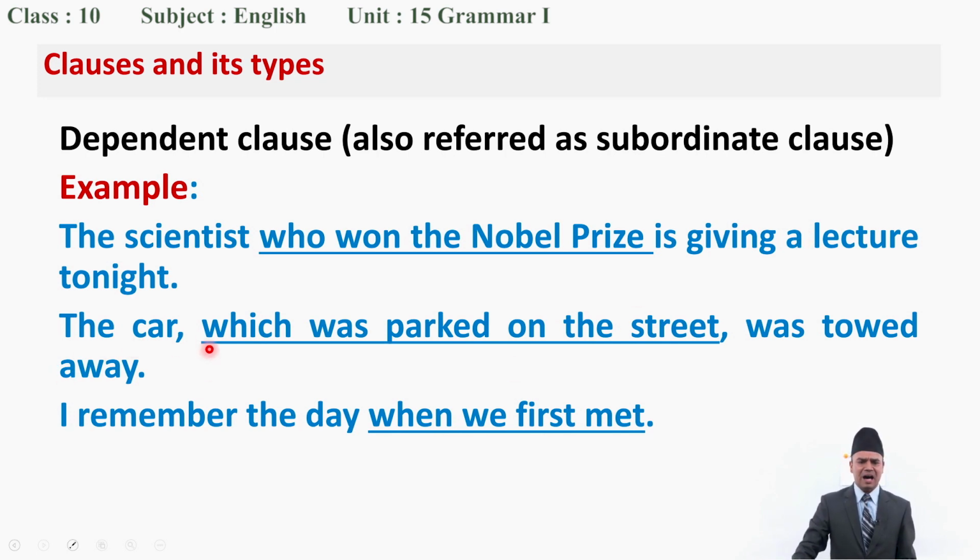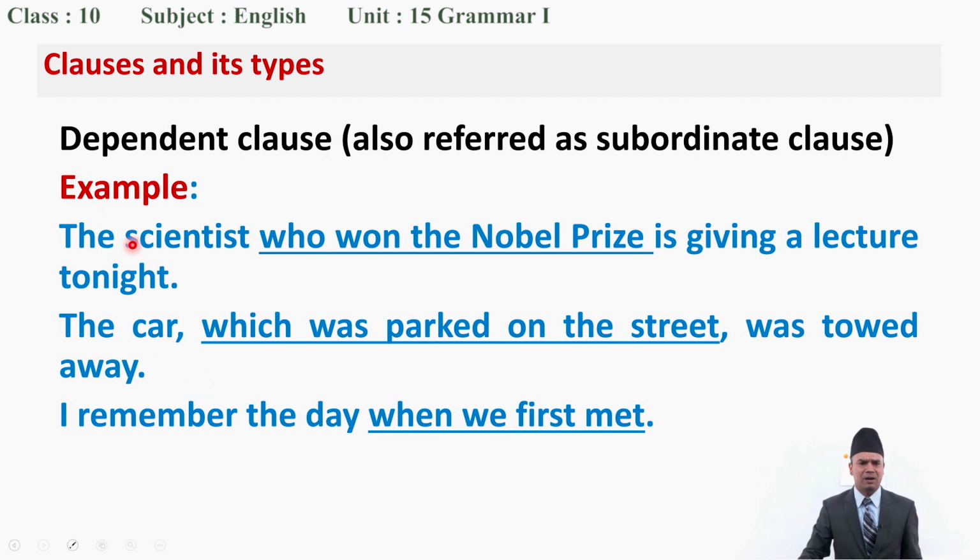Another sentence: the car which was parked on the street was towed away. Do you know the meaning of towed away? Pulled away by the traffic or some security person. Okay. The car which was parked on the street was towed away. So this underlined part is the dependent clause. And if you say the car was towed away, this is the independent clause.